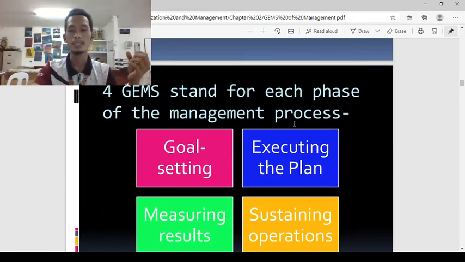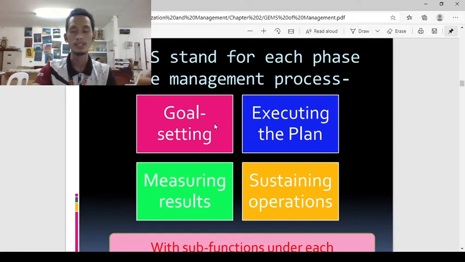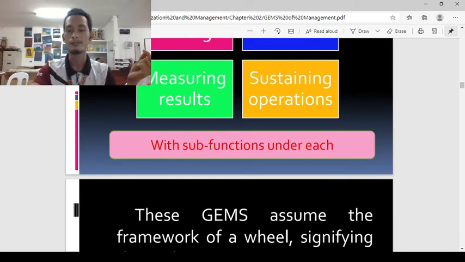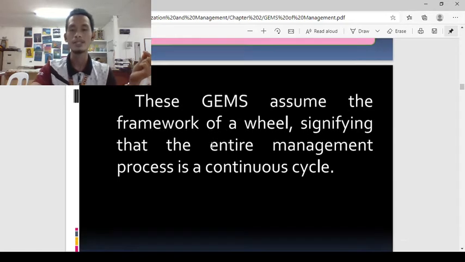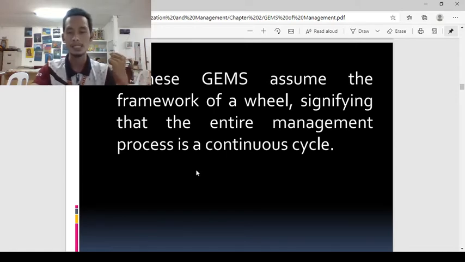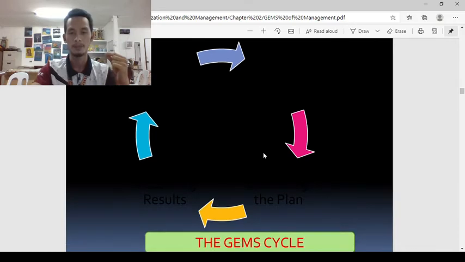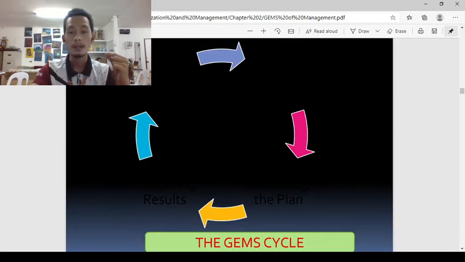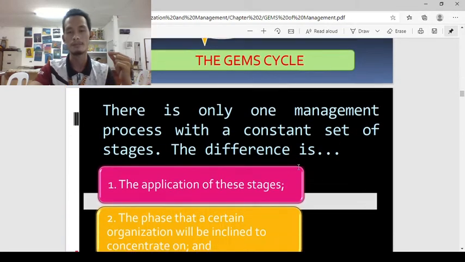Okay, the four GEMS stand for each phase of the management process: G for goal setting, E for executing the plan, M for measuring results, S for sustaining operations, with sub-functions under each. These GEMS assume the framework of a wheel, signifying that the entire management process is a continuous cycle. So it is a continuous cycle. Diba kita? Like after goal setting, execute the plan, measure results, and then sustain operations. That was the GEMS cycle.